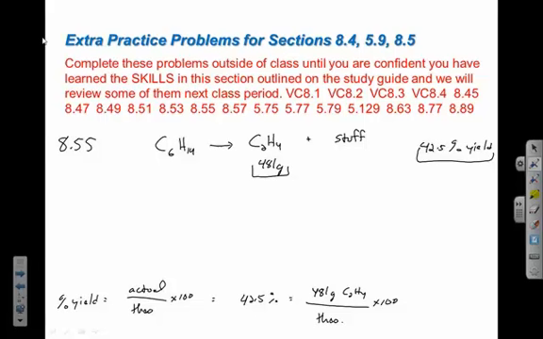We can rearrange that formula: it's 481 divided by 42.5 times 100. And so the theoretical yield I need to shoot for is 1,132 grams.